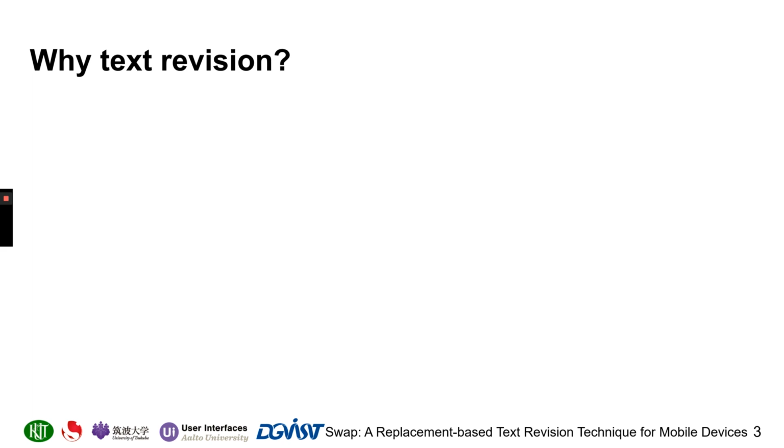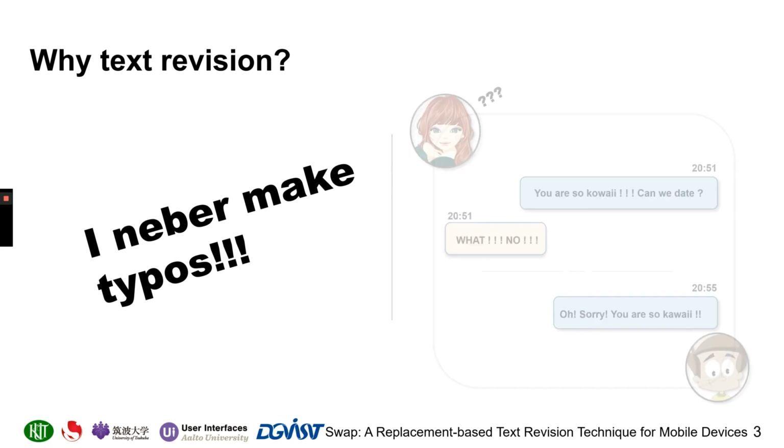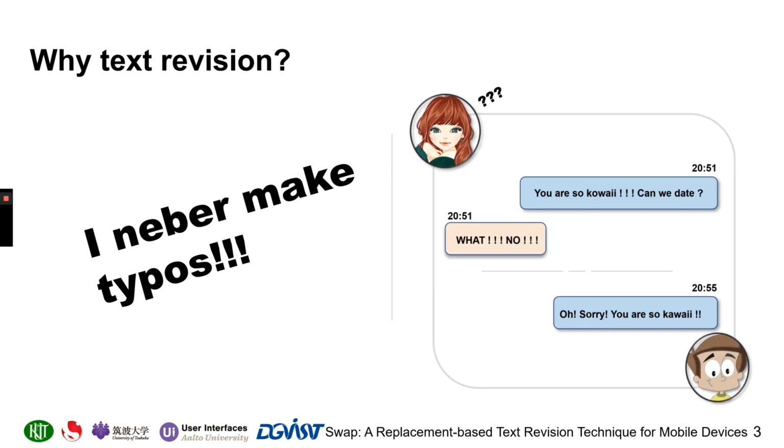However, we cannot avoid making mistakes. We often make typos during text entry and we have to correct them. There is also the condition that all text is typo-free but with improper meaning, which may cause embarrassment or misunderstanding if we don't revise it.